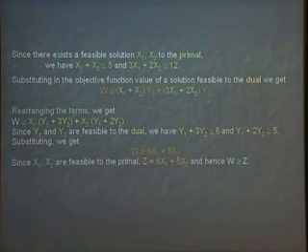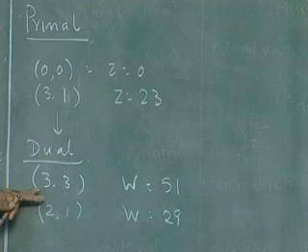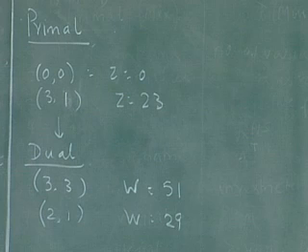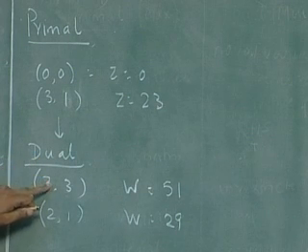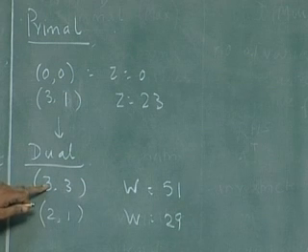So if the primal and dual have feasible solutions, for every feasible solution to the primal and every feasible solution to the dual, every feasible solution to the dual will have an objective function value higher than that of every feasible solution to the primal. We can look at it in a different way. If the dual is a minimization problem, every feasible solution to the dual will have an objective function greater than that of the optimum.